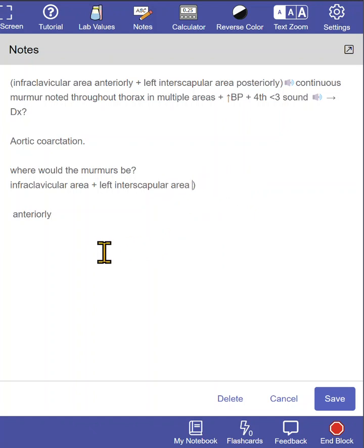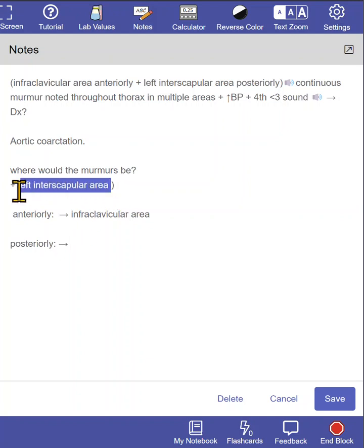Posterior, real quick. This goes anterior. Posterior. Left interscapular area is posterior, infraclavicular area is anterior, and they're both continuous.